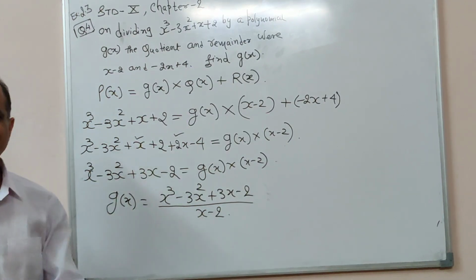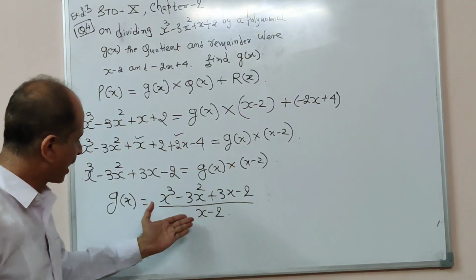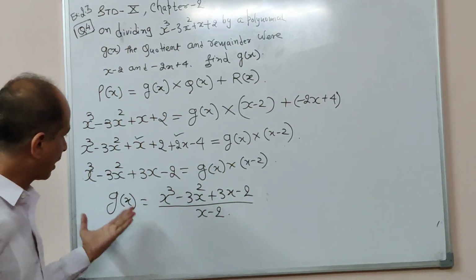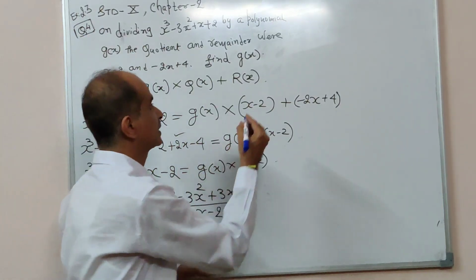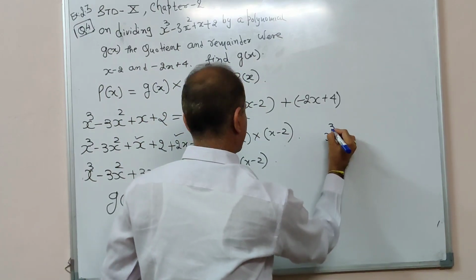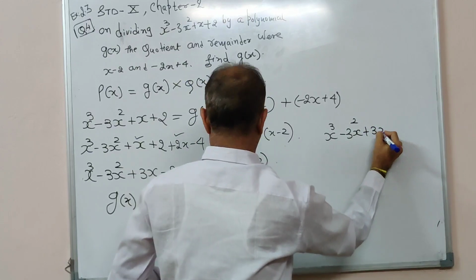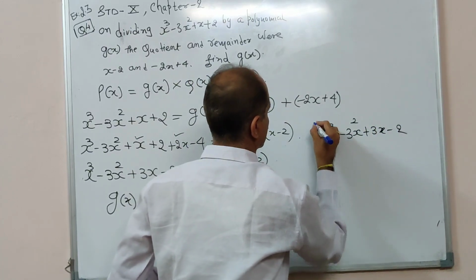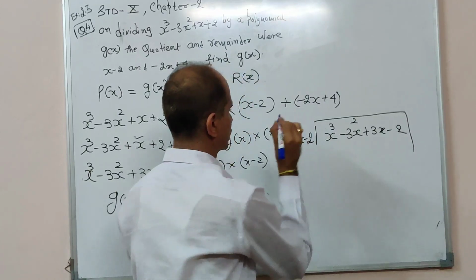So now it becomes a simple division. You have to divide a given polynomial by another polynomial. You know how to do that. Let me solve this example: x cube minus 3x square plus 3x minus 2, divided by x minus 2.